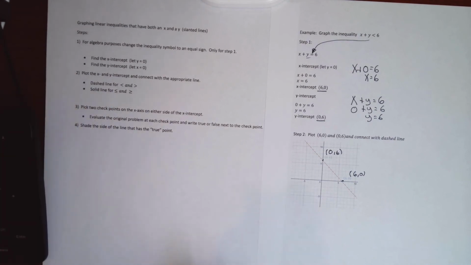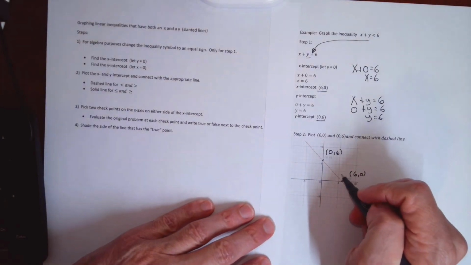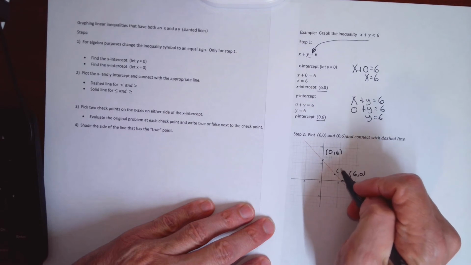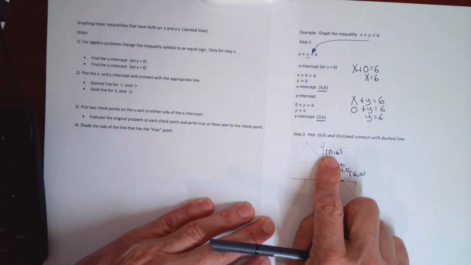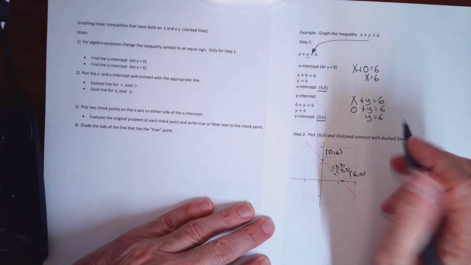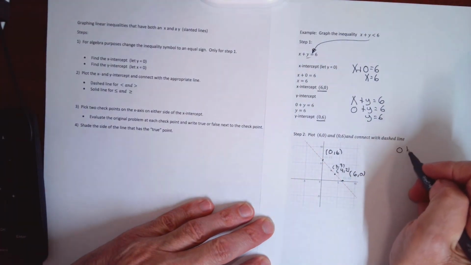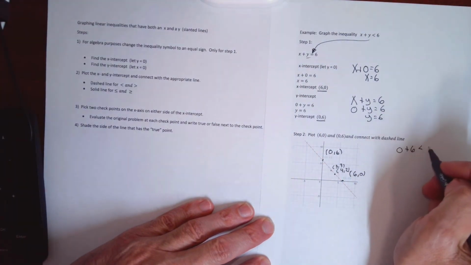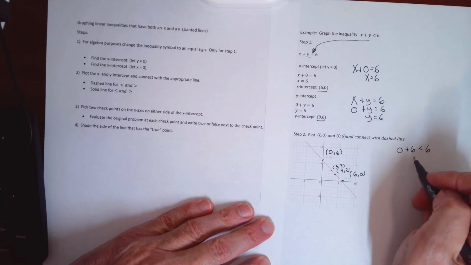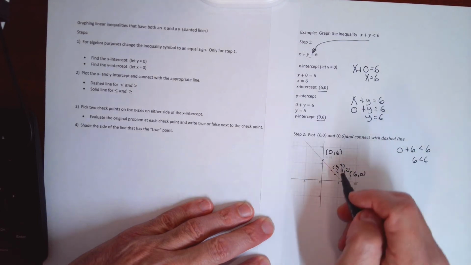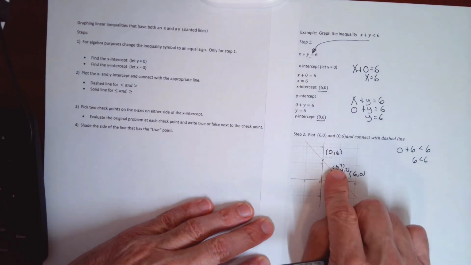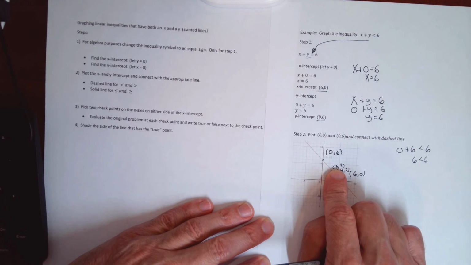The reason the line is dashed is because every point on the line, like here's the point (4, 2), here's the point (3, 3), if you added up its x and its y, if you took the point (0, 6) and you did 0 plus 6, it's going to equal 6, which isn't less than 6. The point (3, 3), its x and y add up to 6.